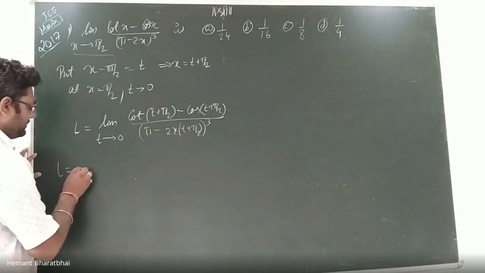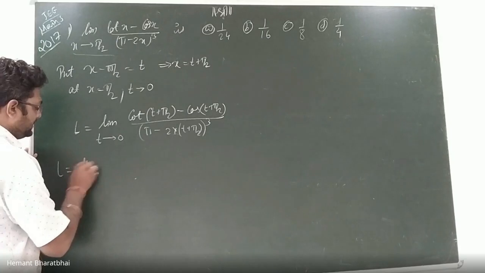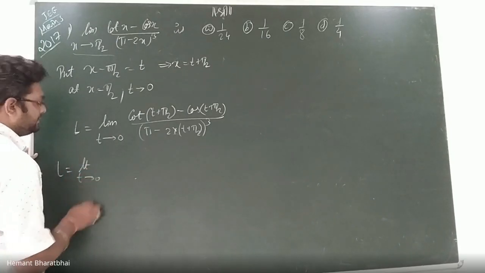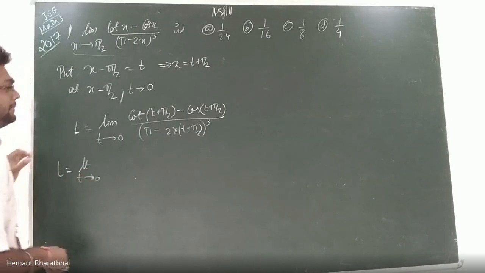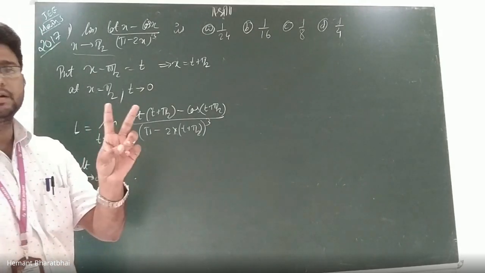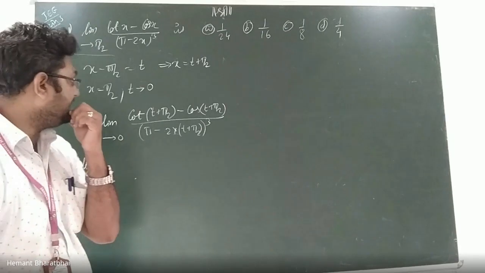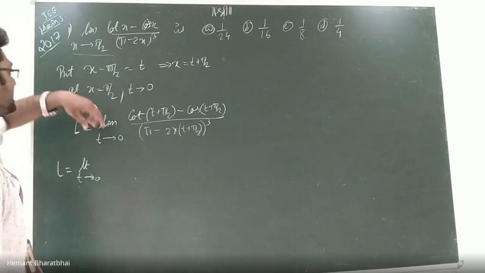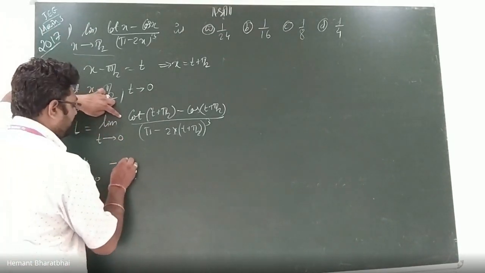L is equal to limit of t tends to 0. Pi by 2 plus t will go in the second quadrant. In the second quadrant, only sine and cosec are positive. This is cot, so this will be minus.